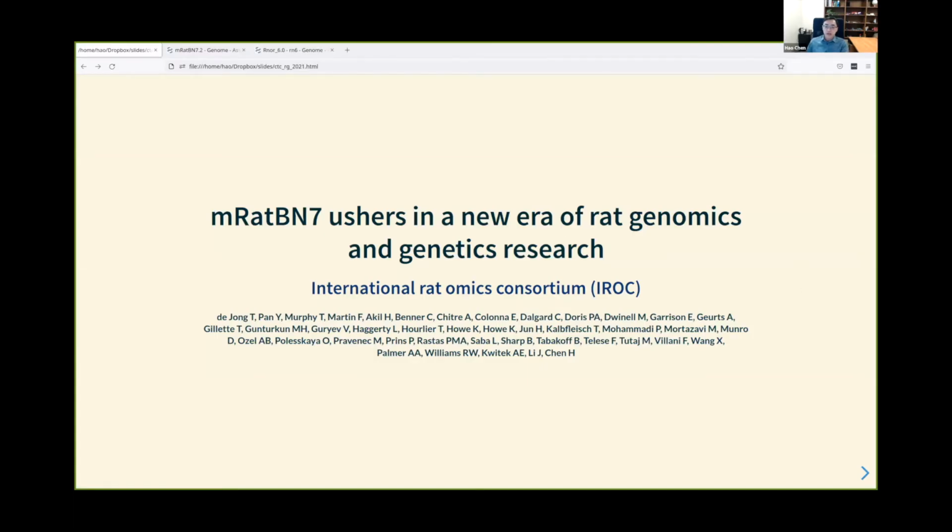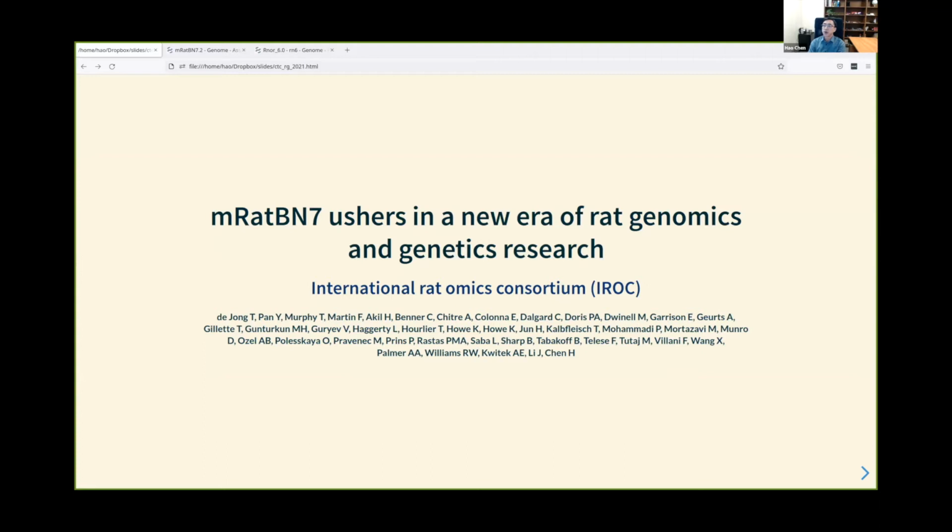So many of you already know from yesterday that the new rat reference genome is mRatBN7. This new reference genome was released in November of last year, and it was sequenced using a single brown rat from the Medical College of Wisconsin. Sequencing and assembly were done by the Sanger group, coordinated by Chen Hao.